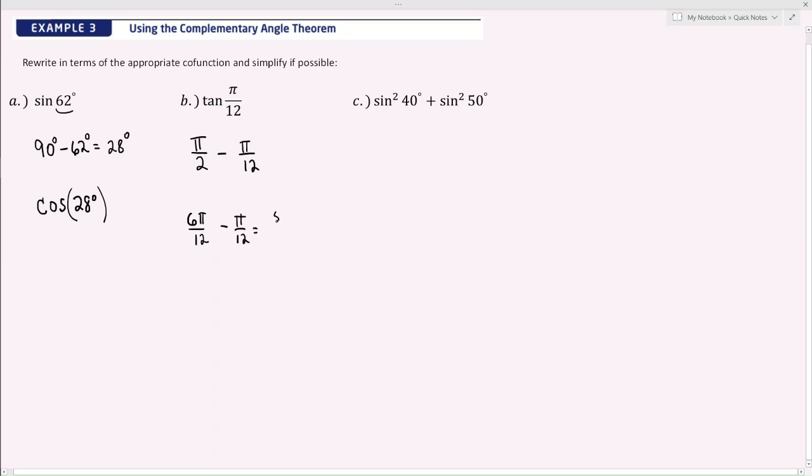So 5 pi over 12 is the complement of pi over 12. And I know that the co-function for tangent is cotangent, so the cotangent of 5 pi over 12 would be equivalent to the tangent of pi over 12.